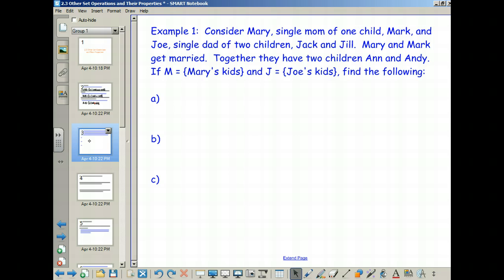Okay. And we're going to find the following, and I don't have these filled in because my computer program won't do it very well. We're going to find M intersect J. All right, so M is Mary's kids, J is Joe's kids.